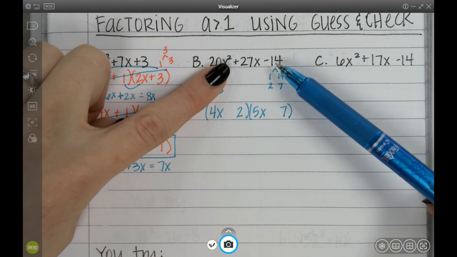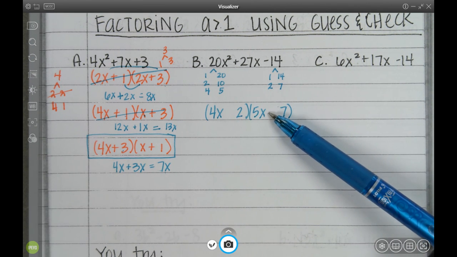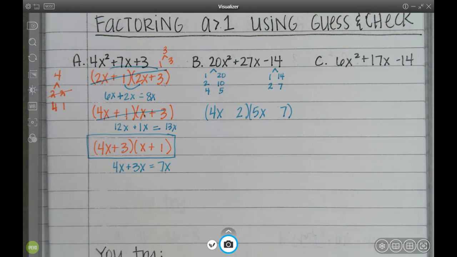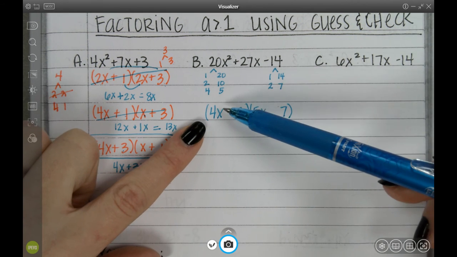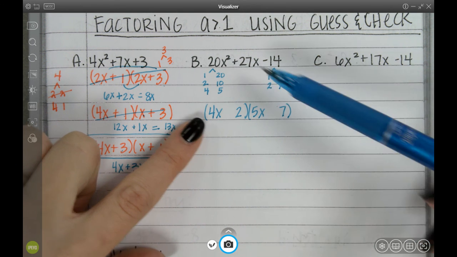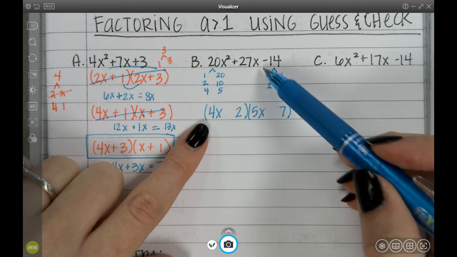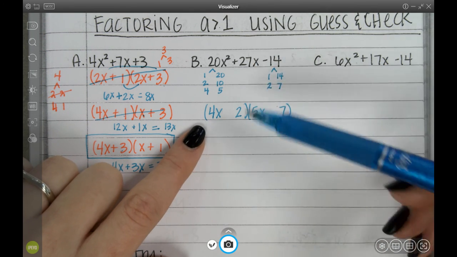So if this last sign is negative, that means one of these in here is going to be negative. I'm going to wait and see what happens before I decide what signs I'm going to do, okay? So if I have 4x times 5x, there's my 20x squared, like it should be. 2 and 7, that's 14, like it should be. Okay? So I'm looking to get a positive 27 here in the middle.